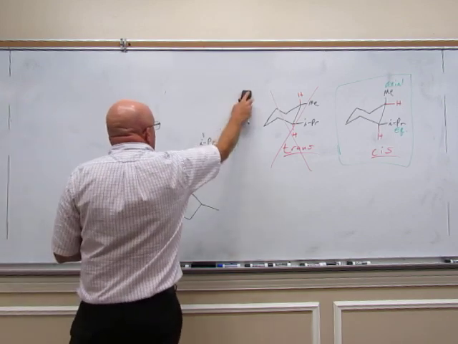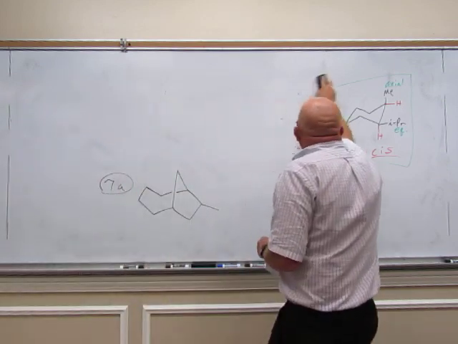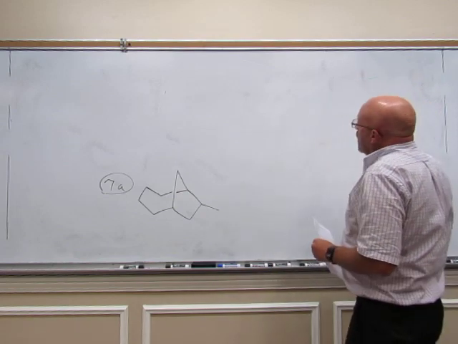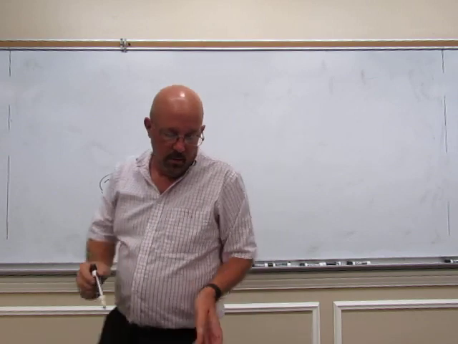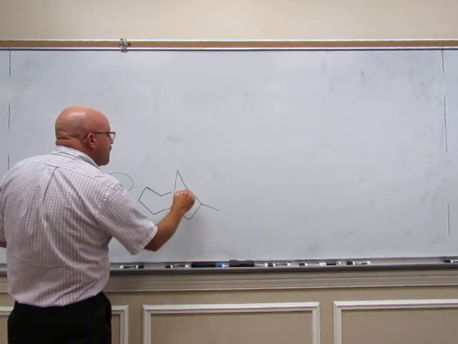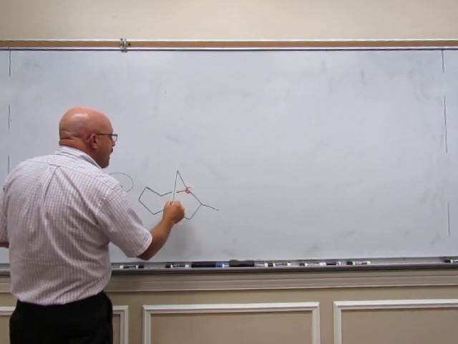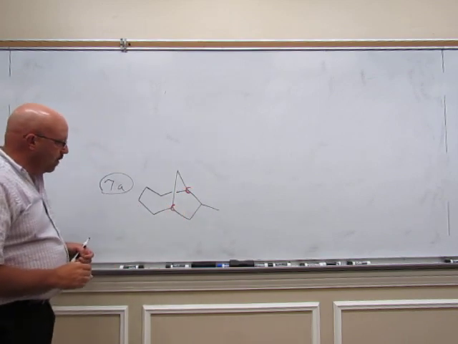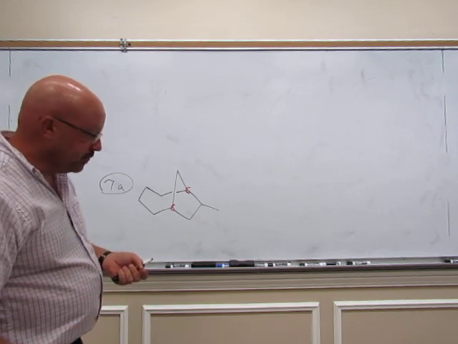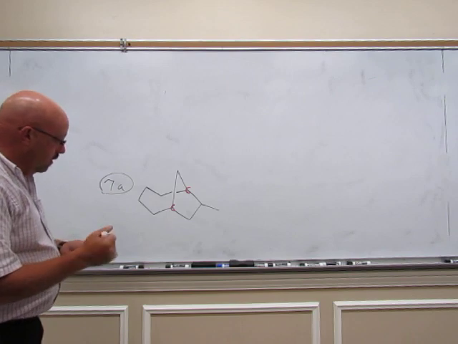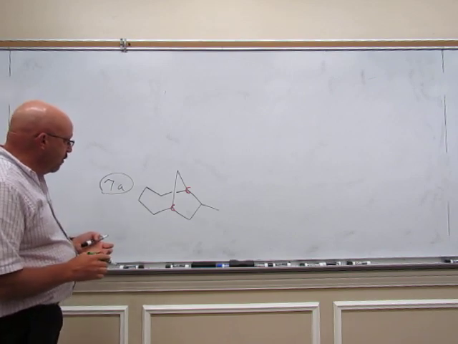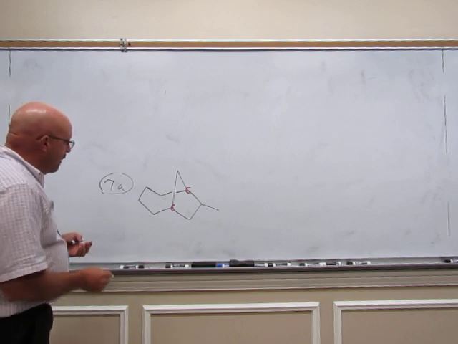First one here on nomenclature, we have a bicyclo compound. I'm going to highlight the two bridgehead carbons. I'll highlight those in red. Those are our bridgehead carbons. Let's just go ahead and get the total number of carbons in each bridge, so we're going to need that in our name.